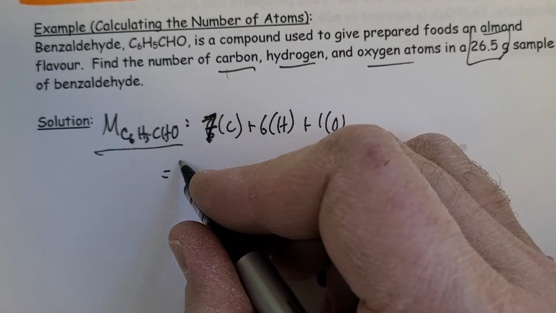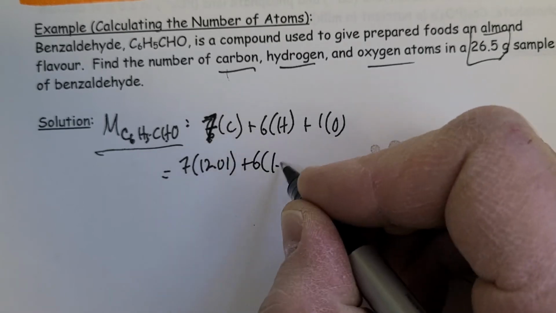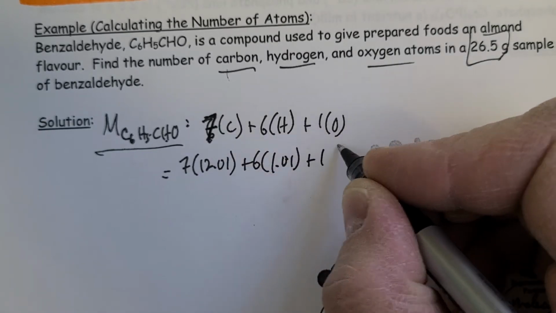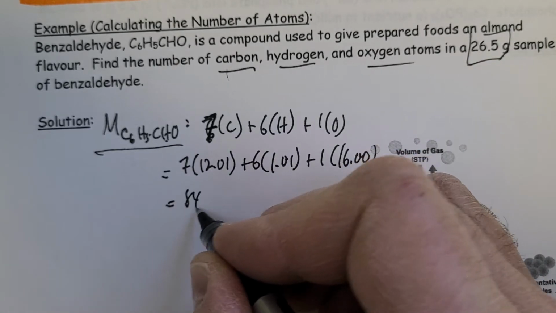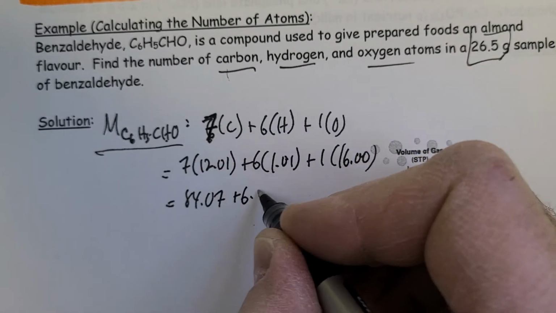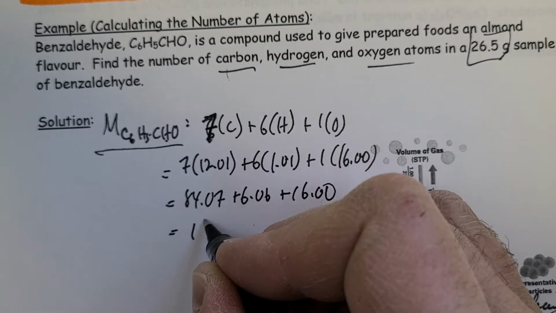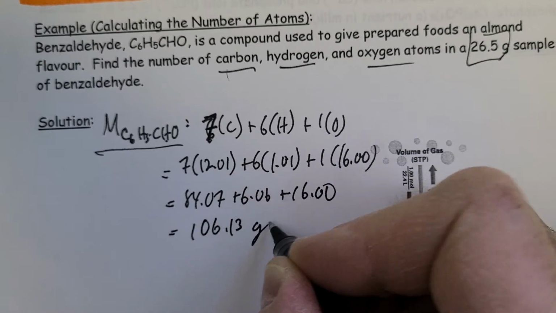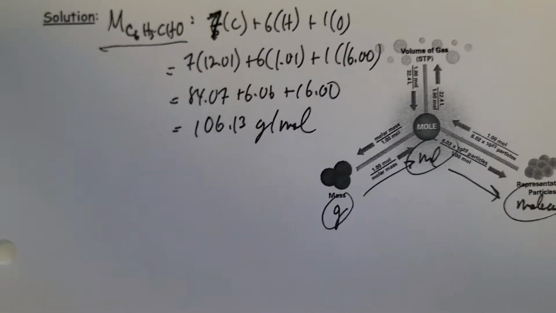If I look those up on the periodic table, carbon is 12.01, hydrogen is 1.01 of course, and oxygen is 16.0. So it's going to give me 84.07 plus 6.06 plus 16, so that is 106.13 grams per mole.